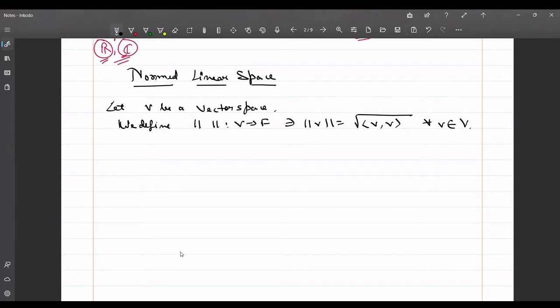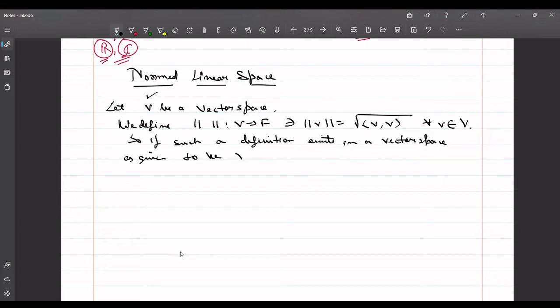So if such a function exists in a vector space V, if such a definition exists in a vector space as given to be V, it is called a normed linear space.